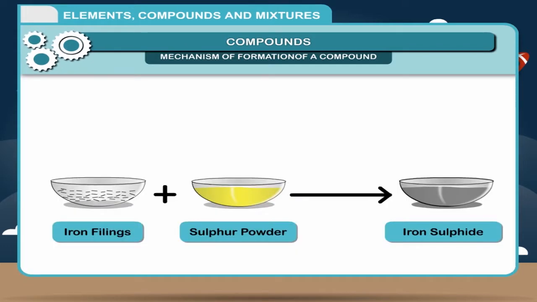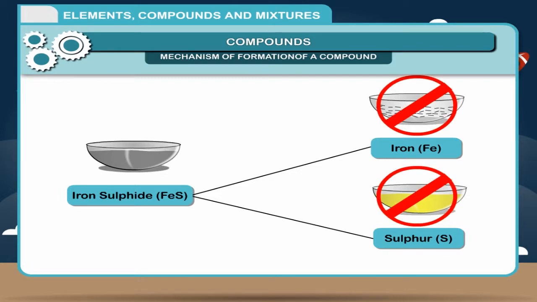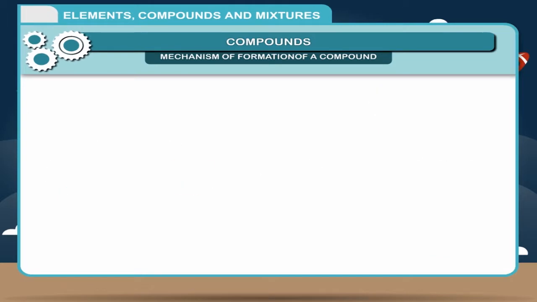When iron was heated with sulfur, their atoms combined to form molecules of iron sulfide. If we break the molecule of iron sulfide, we will not get atoms of similar type as in case of iron or sulfur molecules. They will differ from each other as they are of different elements, but molecules of FeS will resemble each other.